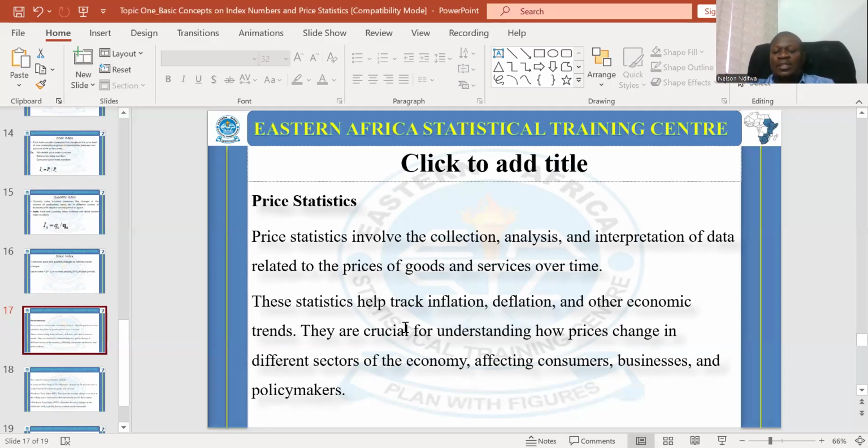Basically, price statistics help us get inflation and other economic trends. It is crucial for understanding how prices change in different sectors of the economy, because these prices normally affect consumers, businesses, and policy makers.